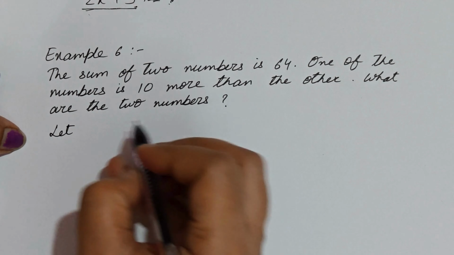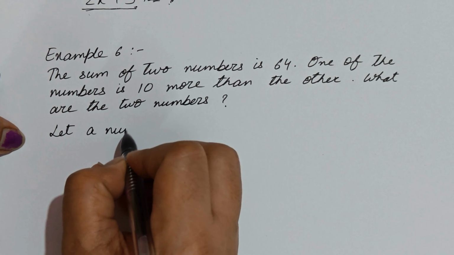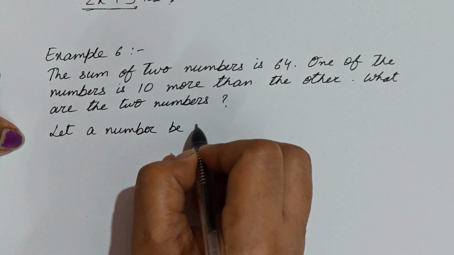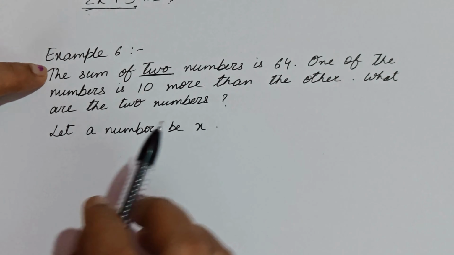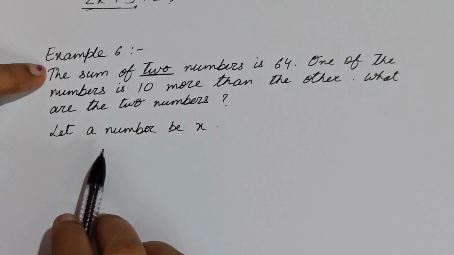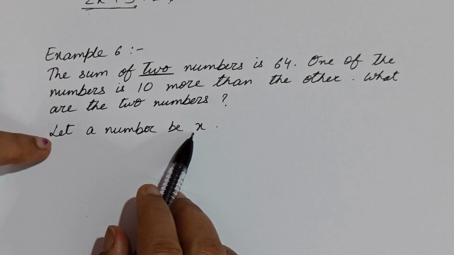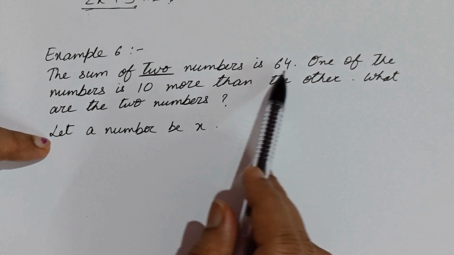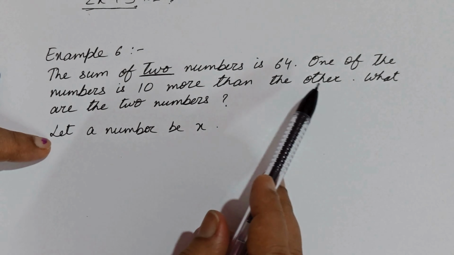We will write: let a number be x. We have taken a number, that means here in the question it has been asked of two numbers, right? Out of these two, we are taking one number as x. Now we will go to the second number. One of the numbers is 10 more than the other.